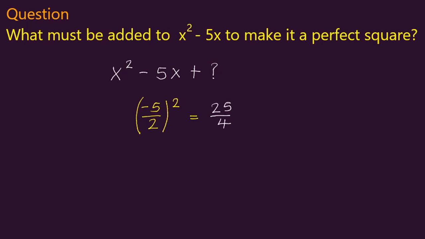So what needs to be added to x squared minus 5x is actually 25 over 4, so that it becomes a perfect square.